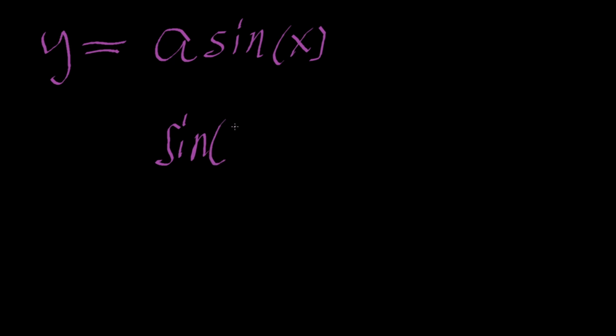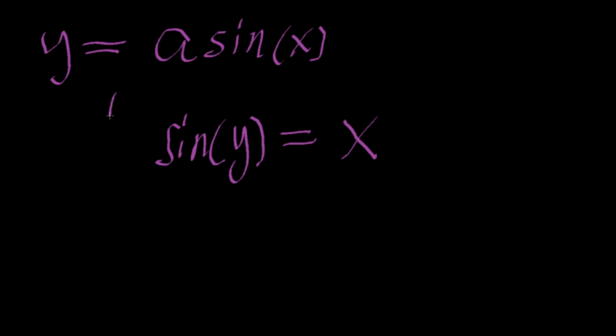Sine of y will be equal to, and sine of arcsine of x will just become x again, since they are inverses. And that's just how inverses work. So sine of y will be equal to x.